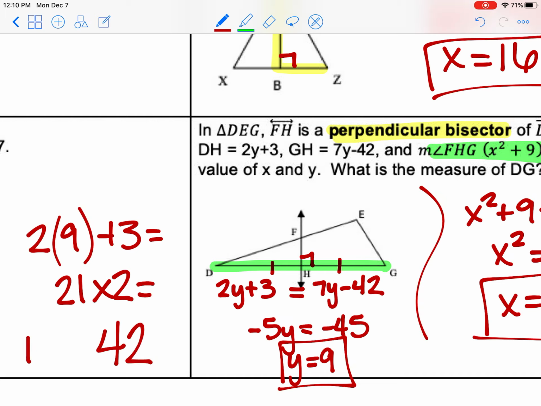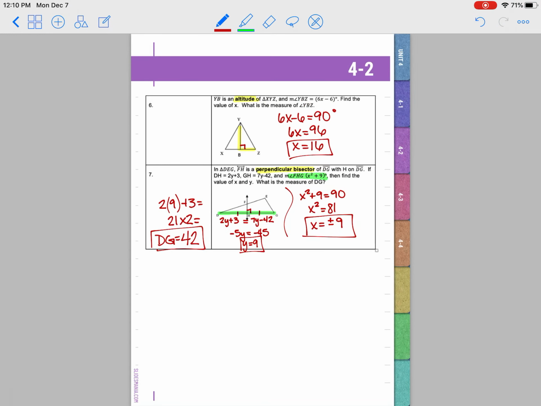And then that would just be D to H, so we would double it, and that would give us 42. So DG equals 42. So a lot of themes here that you're seeing: either parts are going to be congruent or something's going to equal 90. Those are the only options we use to solve any of these types of questions. Just make sure you're paying attention to your keyword.